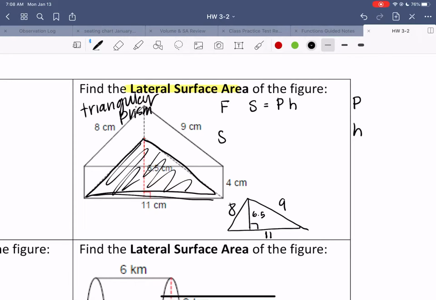When we have to find the perimeter, we're going to have to add all of these up. So 11 plus 9 plus 8 will give us the perimeter of our base, and then we're going to be left with the height of our prism, which is 4. From there, you should be able to figure this out, and then substitute and solve.